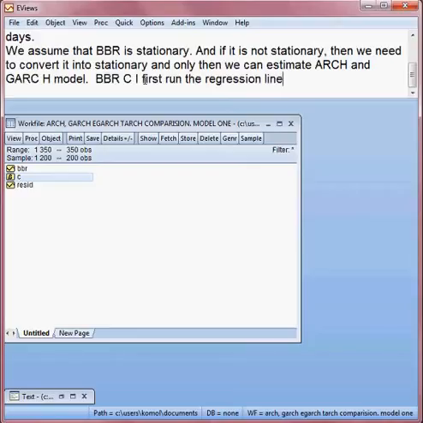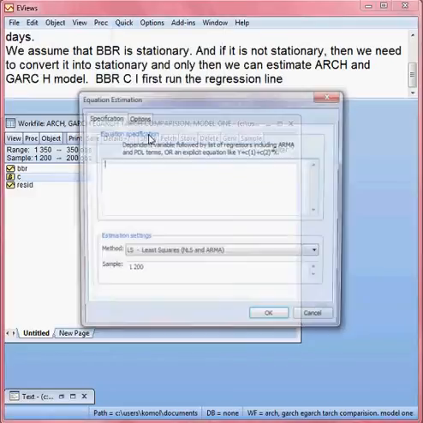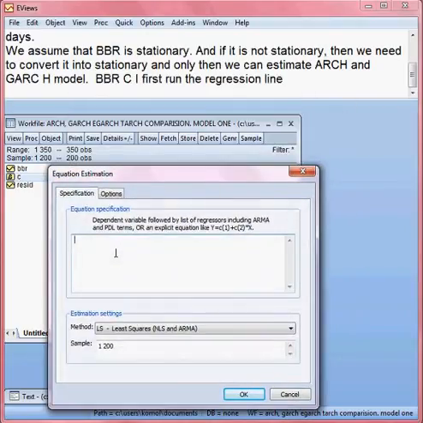So I go to quick estimate equation. First I put BBR, then I put constant C. So that is my model, and here BBR is the dependent variable and C is the constant.